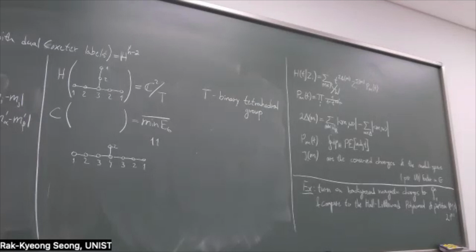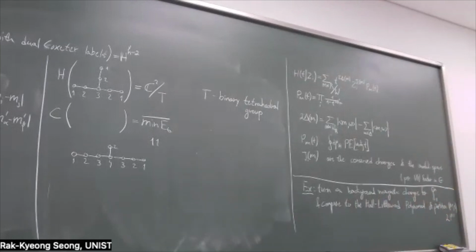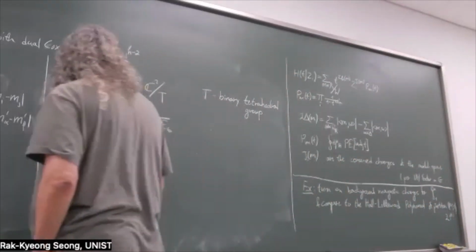They are very important. That's the reason I mentioned them one by one. Anyone, including the guys on Zoom. Yes, this is affine E7. This is a quiver for affine E7.